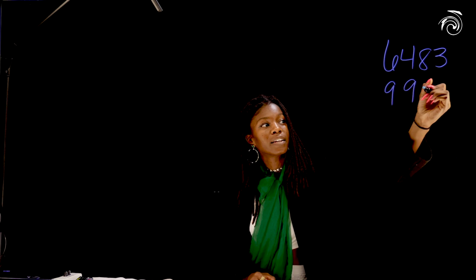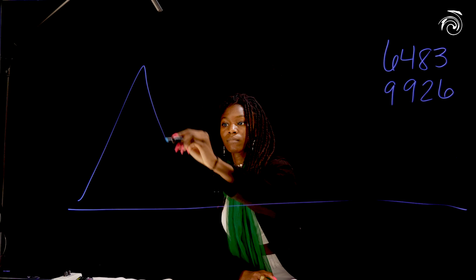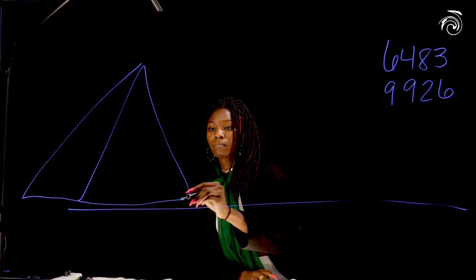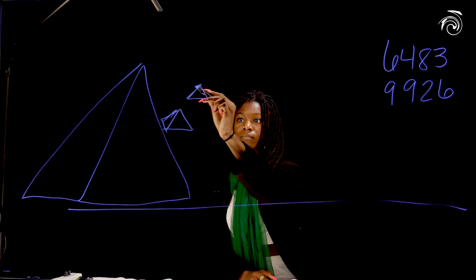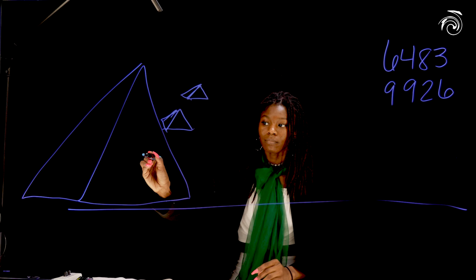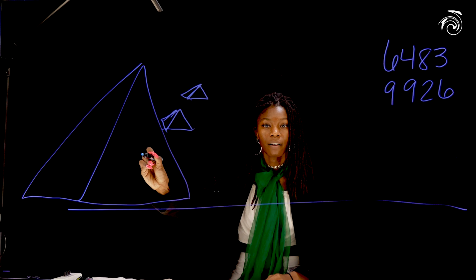Okay, you got your new piece of paper. These are your next target coordinates. Are you ready? Six, 4, 8, 3, 9, 9, 2, 6. Hard, soft, semi-hard, semi-soft, wet, or mushy.